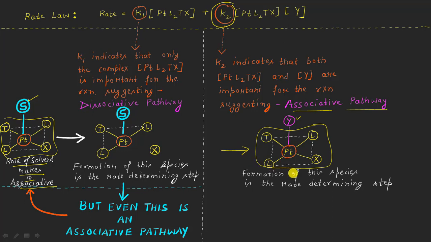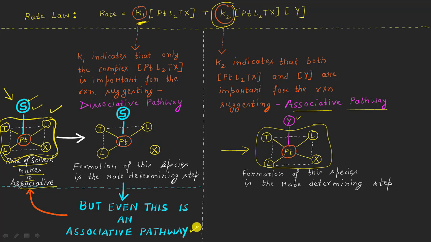As far as the K1 rate constant is concerned, it is the formation of this species that is the rate determining step, such that the rate depends on the concentration of the starting complex as well as the concentration of the solvent. So clearly it is also an associative type of pathway.